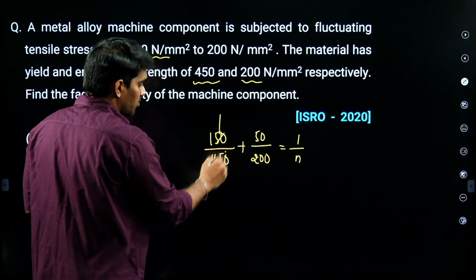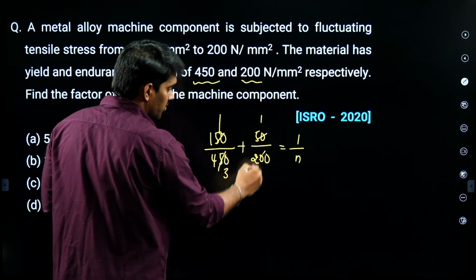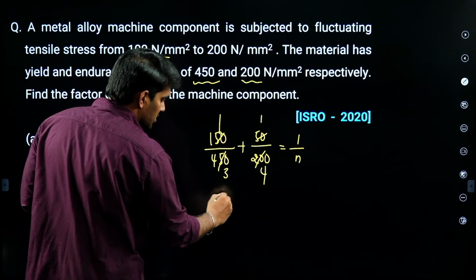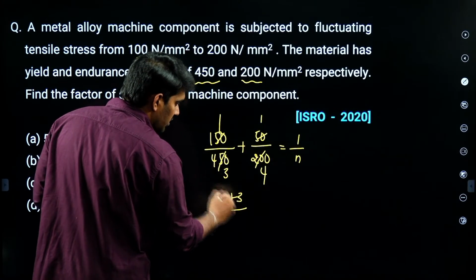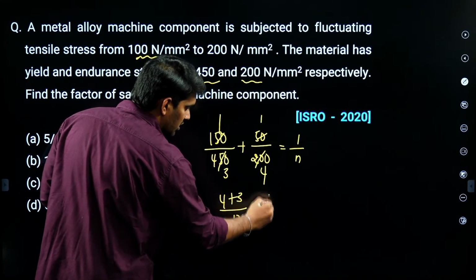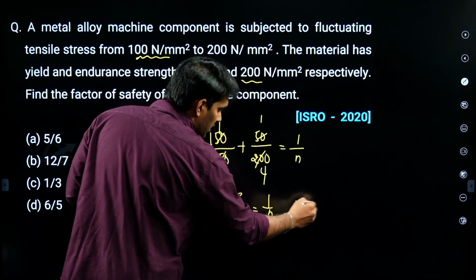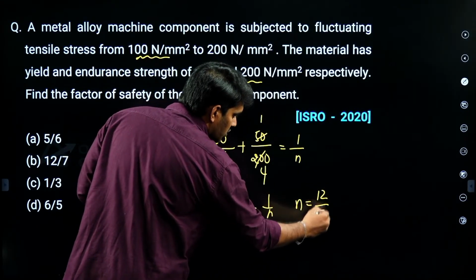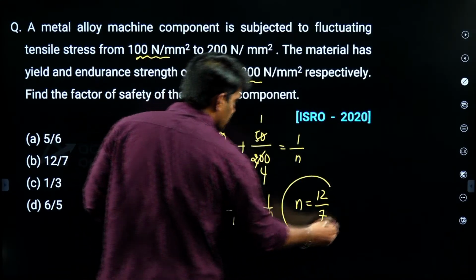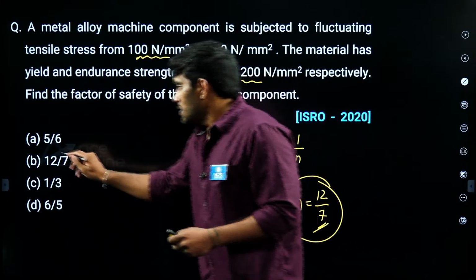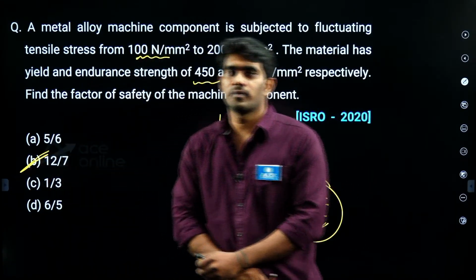This is 1 by 3, this is 1 by 4. Now 4 plus 3 by 3 fours are 12. The value of 1 by n comes out to be 7 by 12. The answer here is B.